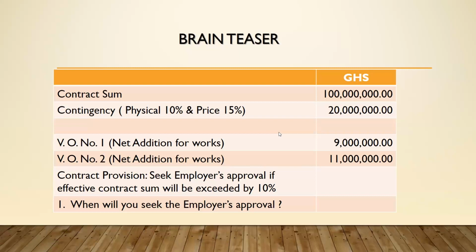The net addition for works, VO number 1, is 9 million, and then VO number 2 is 11 million. And there is a provision in the contract that you seek the employer's approval if the effective contract sum will be exceeded by 10%. When would you seek the employer's approval?